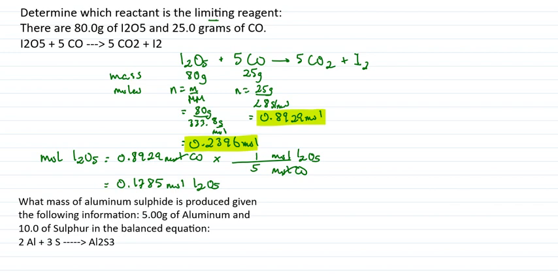Okay, now we have to compare. This is how much I2O5 we need, and this is how much I2O5 we have. So we can say since there is more, that's more.